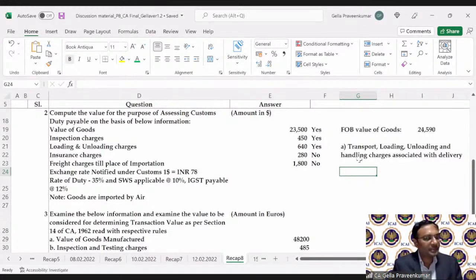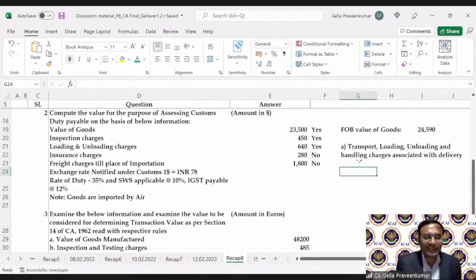And if you read page number 4.23, in the case of goods imported by A, where the cost referred to in clause A is ascertainable, such cost shall not exceed 20% of the free on board value of the goods. So here they have said that all this cost shall not exceed 20% of the FOB value of goods.